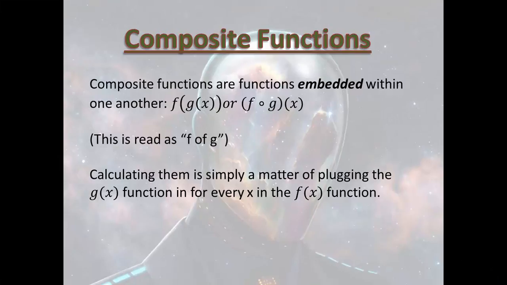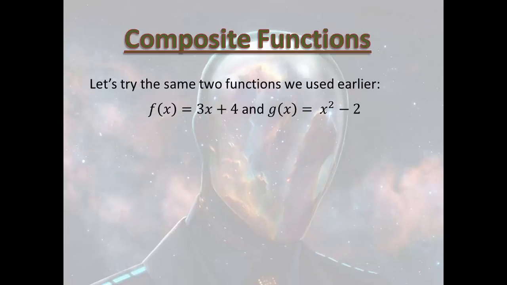Calculating them is just a matter of plugging the g of x function in for every x that exists in the f of x function. And again, this is something that we've done before. So let's try those same two functions that we used in the last video. f of x equals 3x plus 4, g of x equals x squared minus 2.